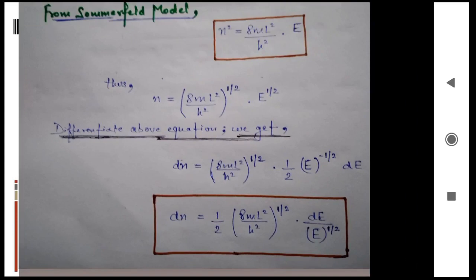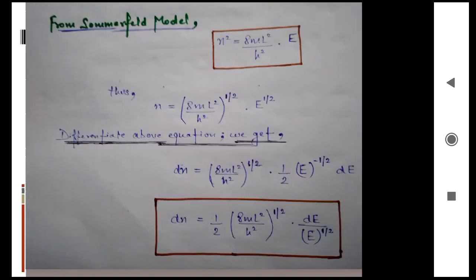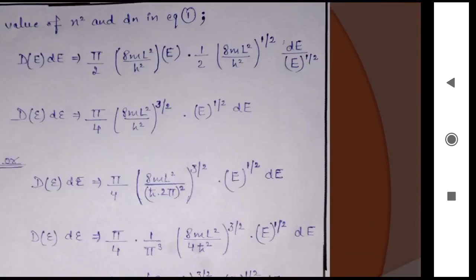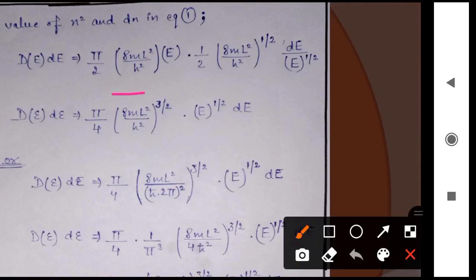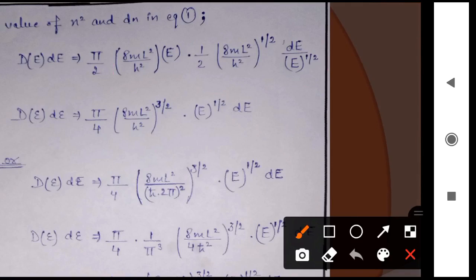Now put the value of n square and dn in equation number 1. What is our equation number 1? This is our equation number 1. So let's put, I just put the values of n square and dn. This is dn, this is n square. I just put these values and then cancel out.